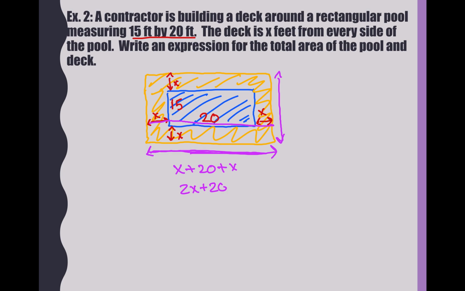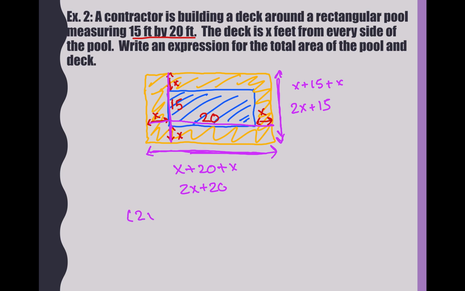Now this length here, our vertical length, that is going to be x plus 15 plus x, or when we combine like terms, 2x plus 15. Now then, write an expression for the total area. That is both of our polynomials multiplied by each other.